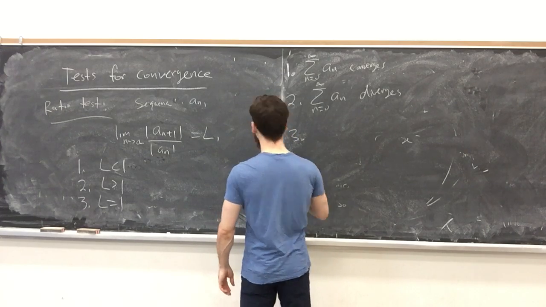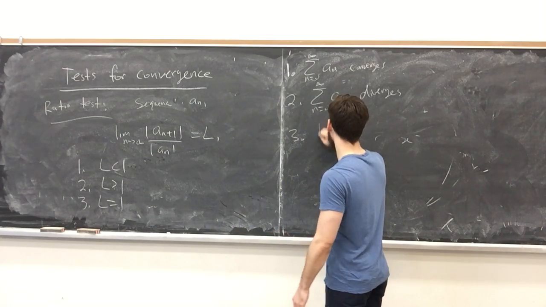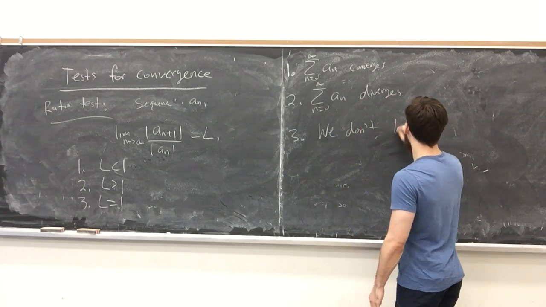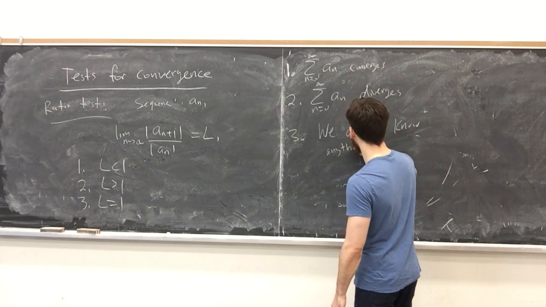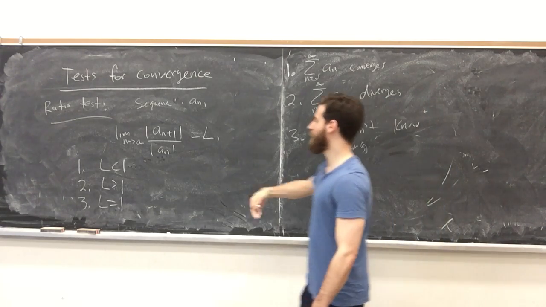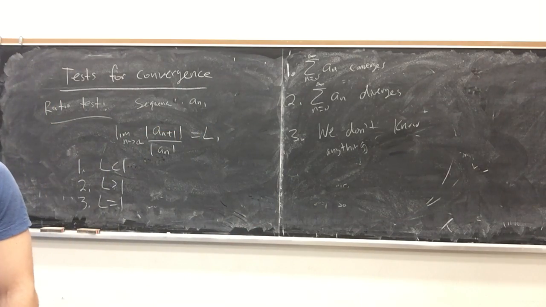So in case 3, the ratio test doesn't tell us anything. We don't know anything. It's totally useless in the case that L is equal to 1.